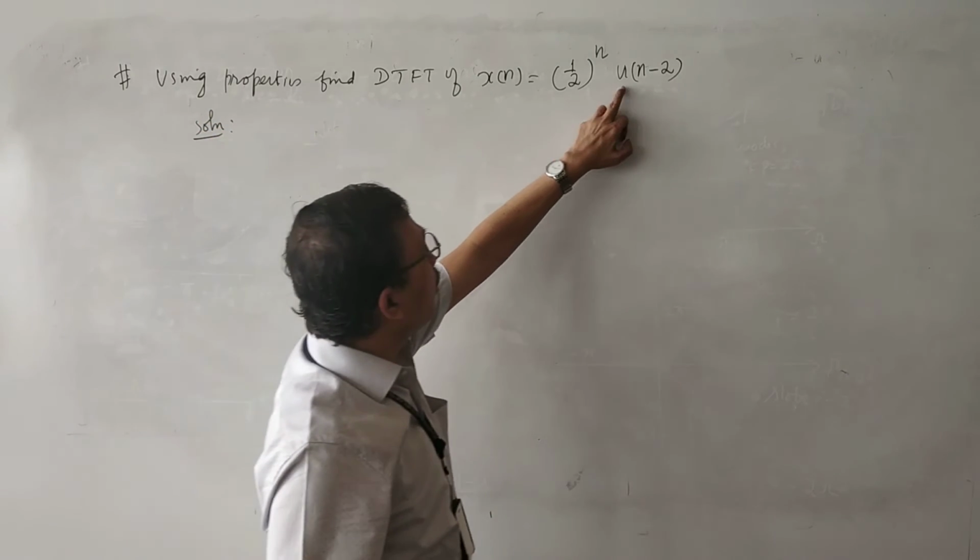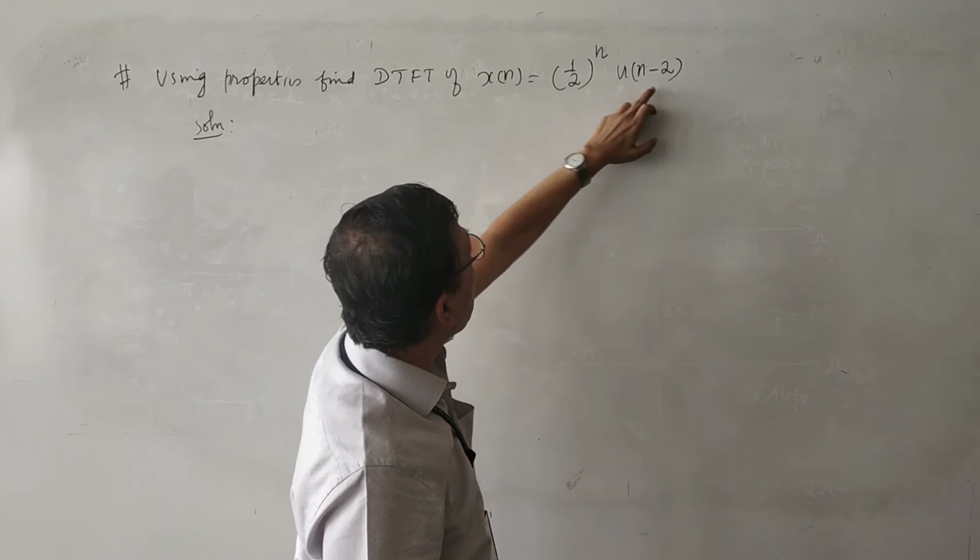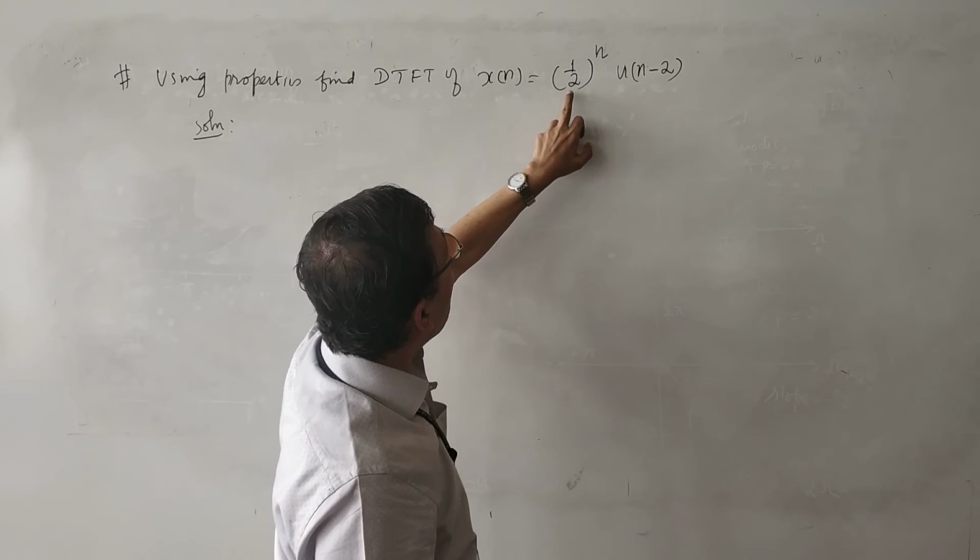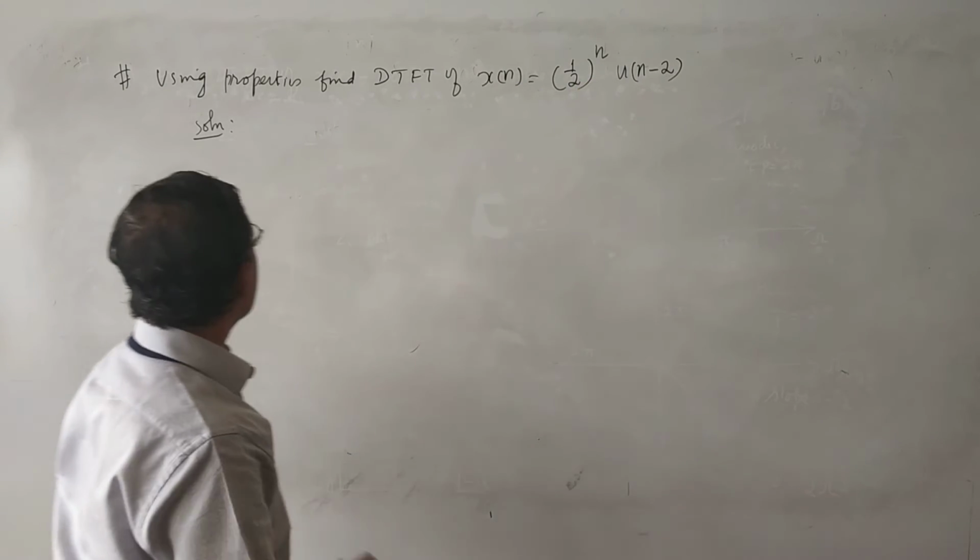What is the quantity inside the brackets of u? n minus 2. Therefore, we have to ensure that the power of half also is n minus 2.